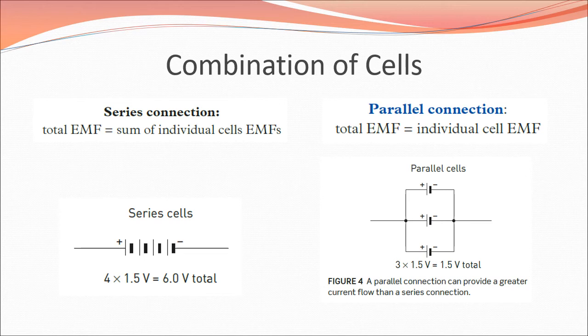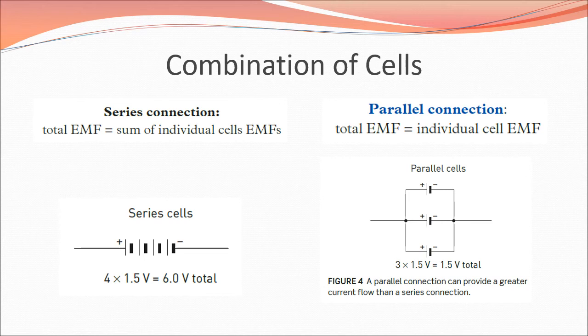They go from 0 volts of potential when they enter the positive terminal. They pick up 1.5 volts through the first cell, 1.5 volts through the second cell, 1.5 volts through the third cell, 1.5 through the fourth cell. So they've picked up 6 volts in total. So when we add batteries in series, we add the EMF of those batteries.